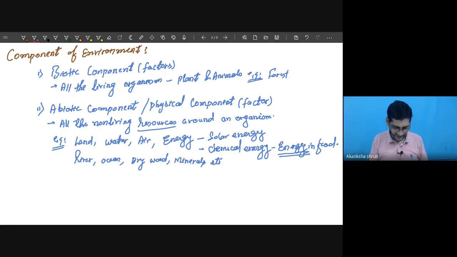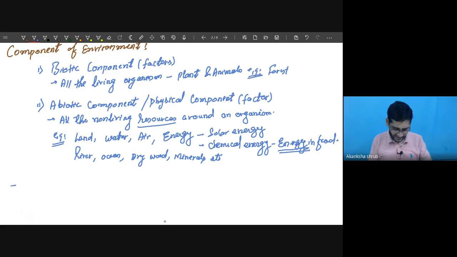So right, the important thing is the abiotic factor, it is very important.